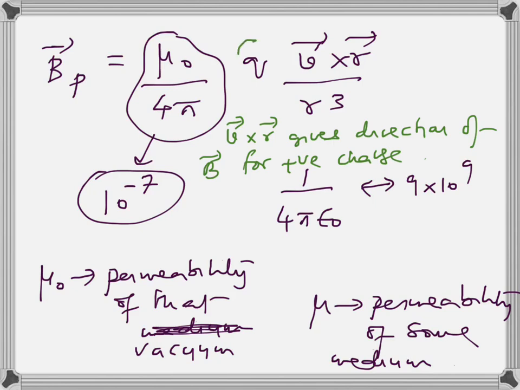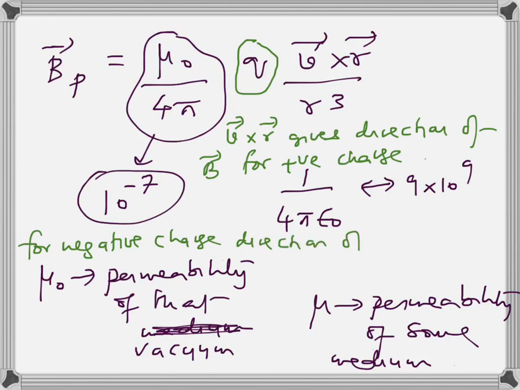Because when the charge is negative, when you substitute the value of Q, you will put a minus sign there. So the magnetic field direction will be along minus V cross R. So for a negative charge, the direction of the magnetic field is along minus V cross R.